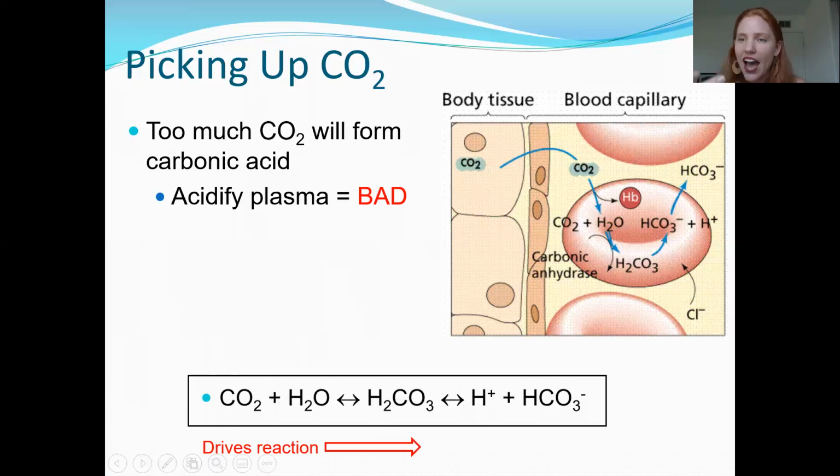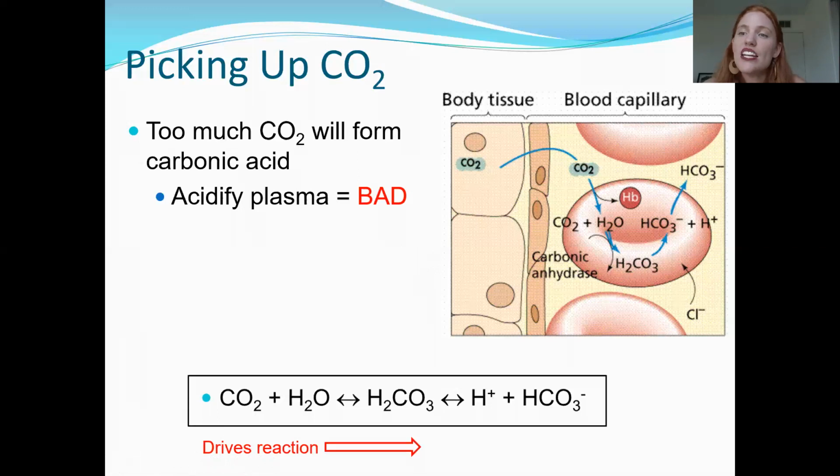That's what an acid is, a molecule that releases hydrogen. And so that's going to increase the concentration of hydrogen ions, which decreases the pH, and we don't want that. We do not want our plasma to become too acidic, because that is going to damage our cells and denature our proteins, and that's bad.